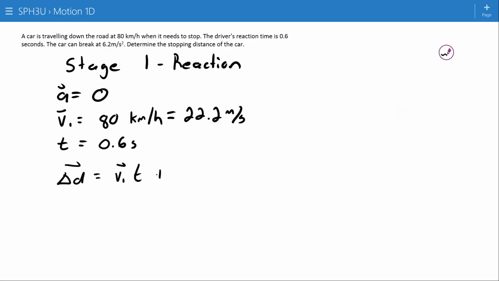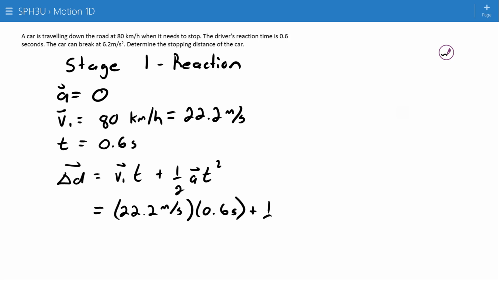Now, you might be thinking that since this is a section of uniform motion, couldn't you use the simplified formula for displacement that we used way back at the beginning of this unit? And the truth is you could. But I find if I always use my 5 equations of motion, whether I need to or not, then if the acceleration is 0, when I substitute that into the equation, that whole term will go to 0 anyways, and then I get back to my simplified equation.